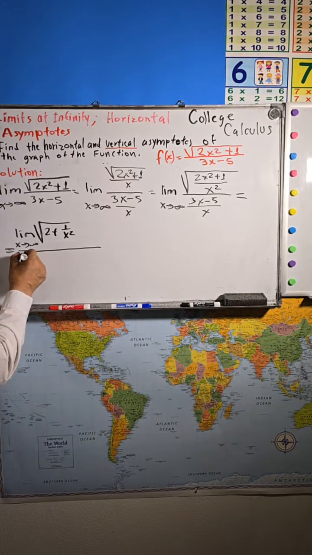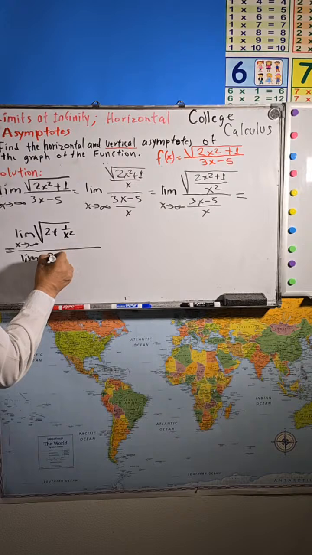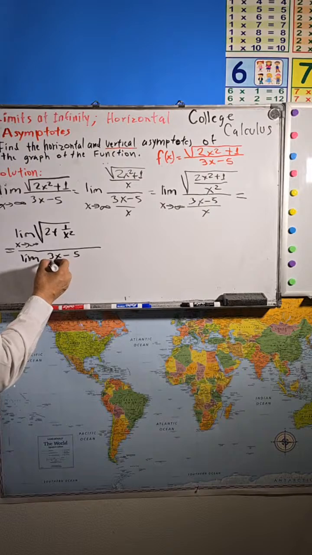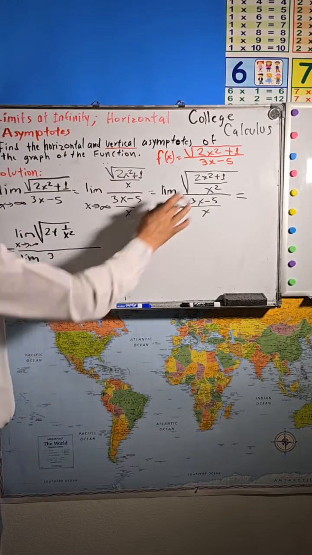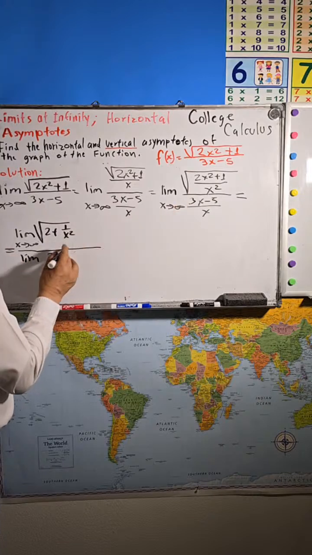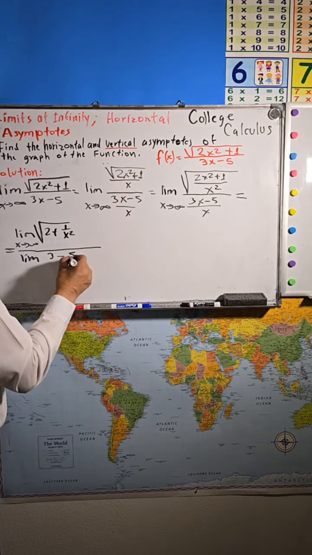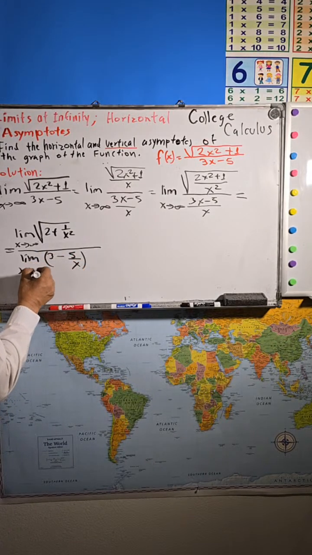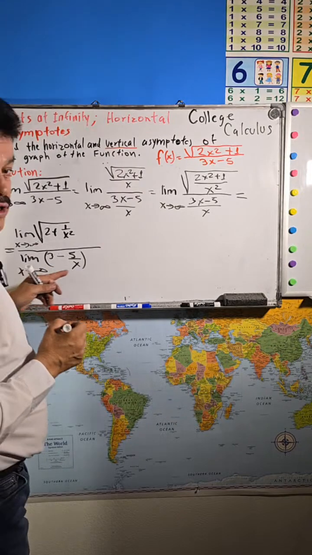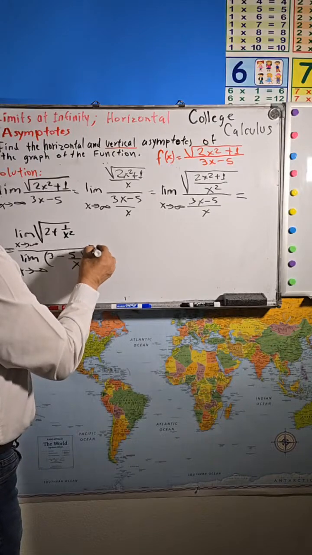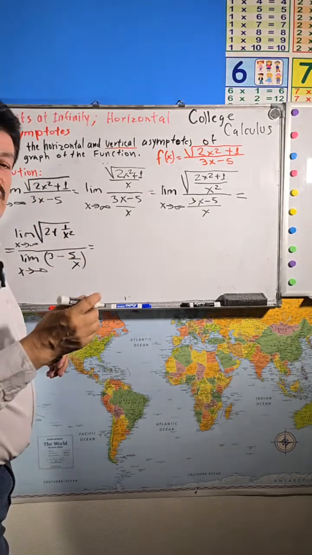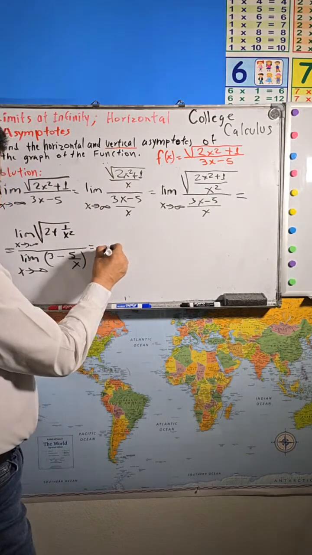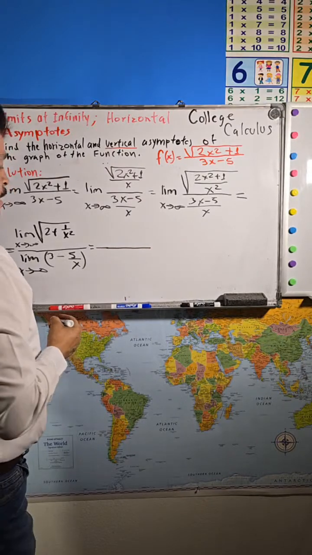And in the bottom, simplifying, we have 3 minus 5 divided by x, when x approaches infinity. This equals the limit, let me write the sign.